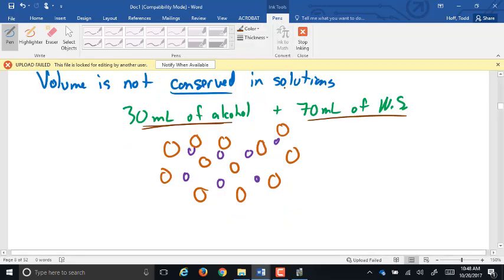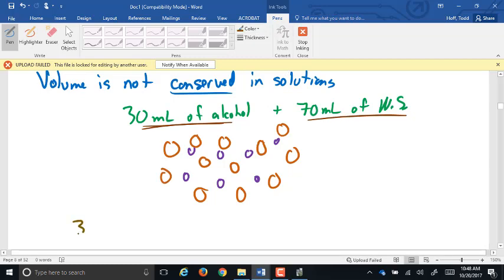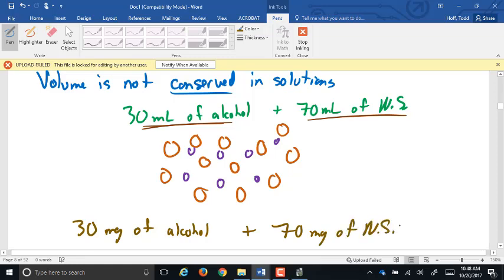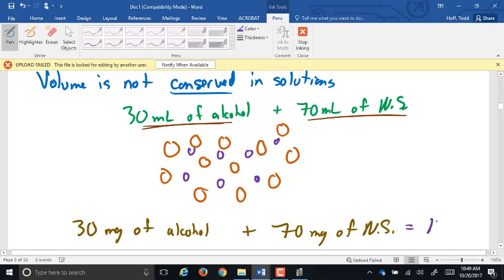The other side of it, however, if I add 30 milligrams of a medication, let's say alcohol, plus 70 milligrams of water, of saline, it will equal 100 milligrams total.